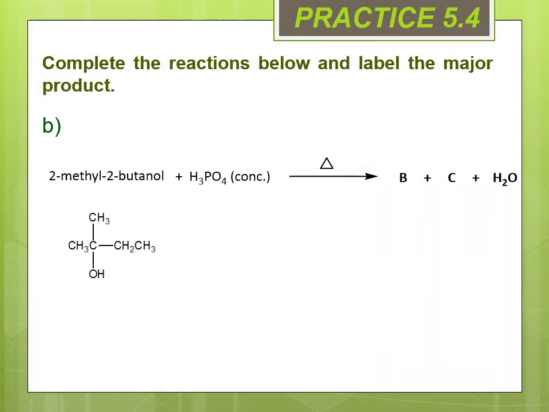For question B, let's look at where the hydroxy group is. It's going to be at carbon number 2 here. So it can take the hydrogen from this carbon on the right and from this carbon on the left.